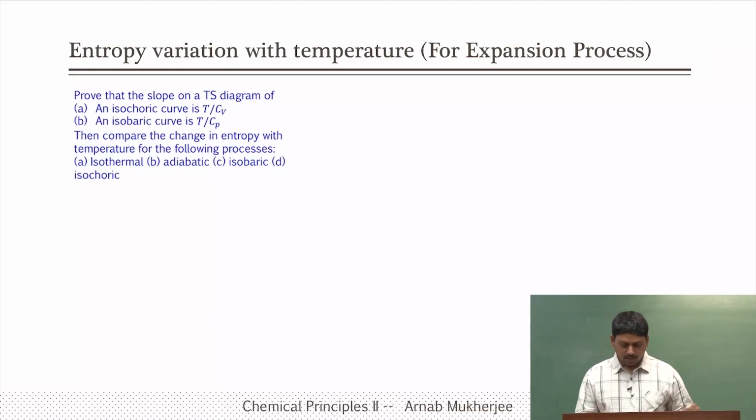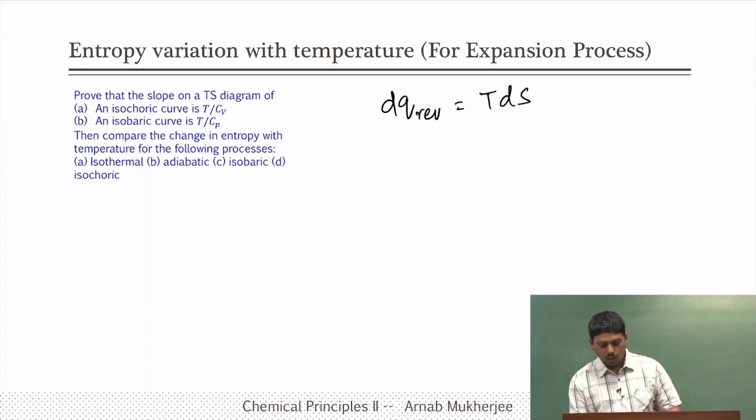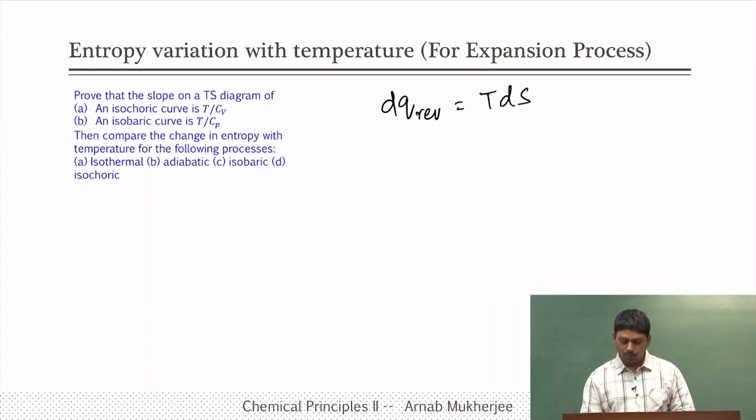Prove that the slope on a TS diagram of an isochoric curve is T by Cv and of an isobaric curve is T by Cp. So we know that dq reversible is Tds. Now, dq for a constant volume, isochoric process, is Cv dT.